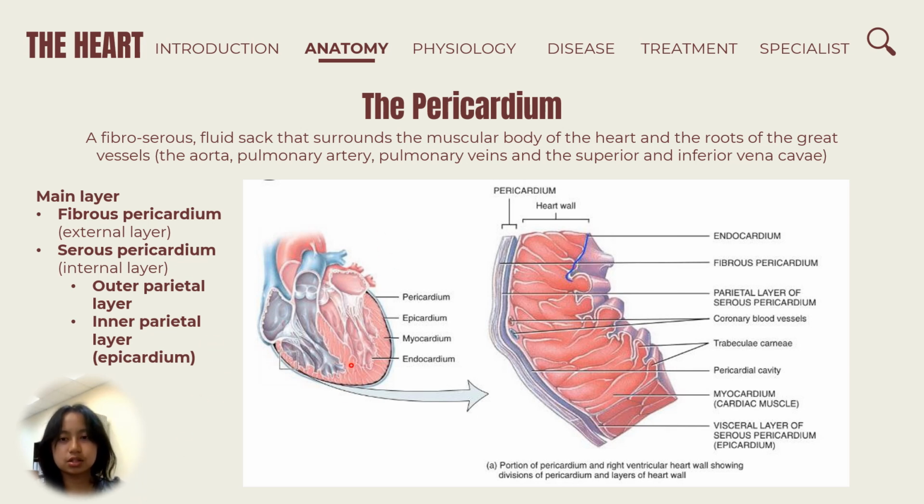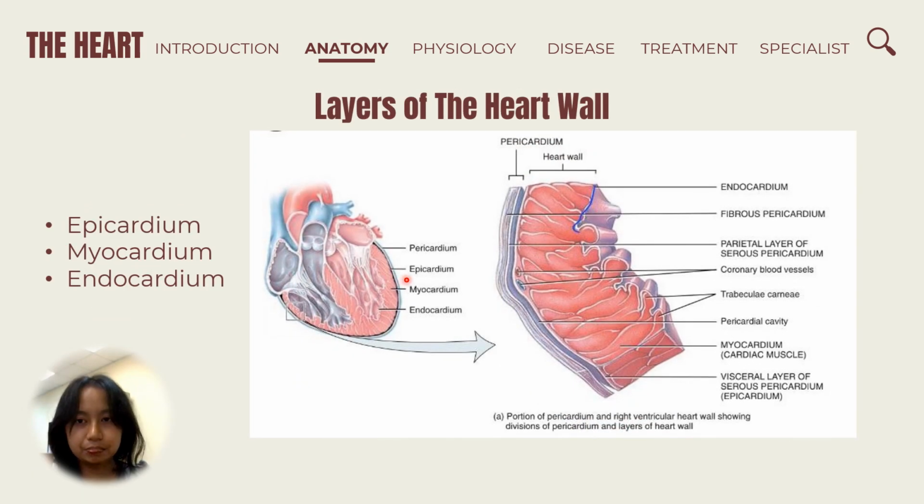The membrane that surrounds and protects the heart is what we call the pericardium. The pericardium consists of two main parts, the fibrous pericardium and the serous pericardium. The inner visceral layer of the serous pericardium, also called the epicardium, is one of the layers of the heart wall and adheres tightly to the surface of the heart. Now, the wall of the heart consists of three layers: the epicardium, the myocardium, and the endocardium.